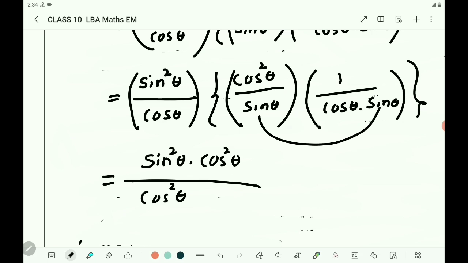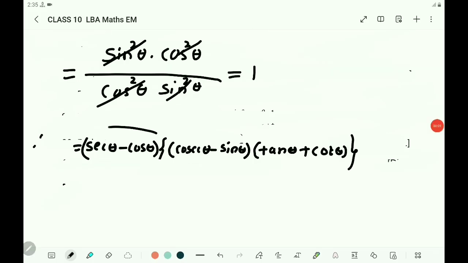Sin theta into sin theta is sin square theta. So you can cancel cos square theta, sin square theta, which equals 1. Therefore, secant theta minus cos theta in the flower bracket, cosecant theta minus sin theta into tan theta plus cot theta is equal to 1.